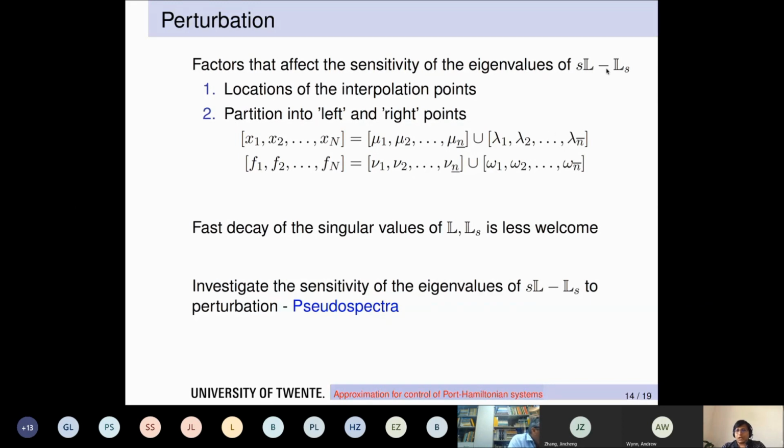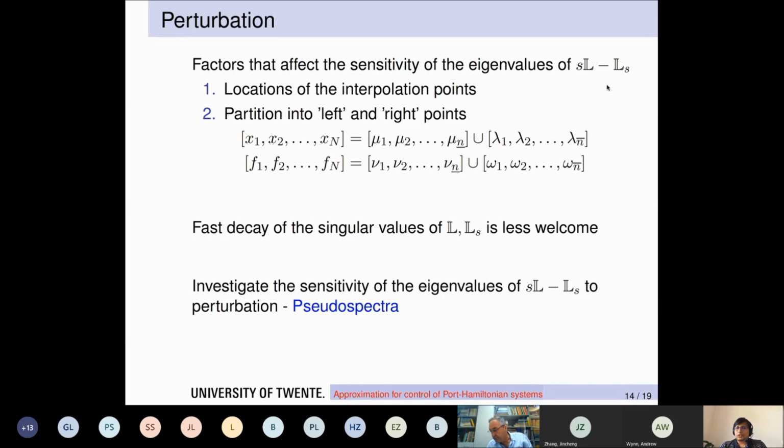We already see that the Löwner matrix and shifted Löwner matrix encode the information of the original system. And when we use this framework for system recovery, the eigenvalues of this matrix pencil actually emit the poles of the original system.